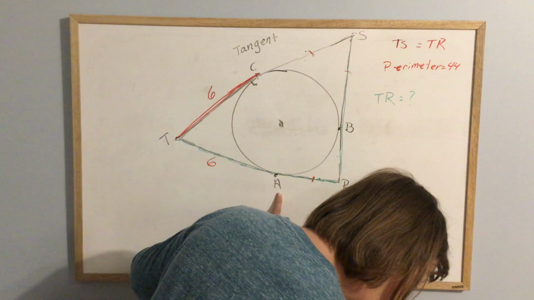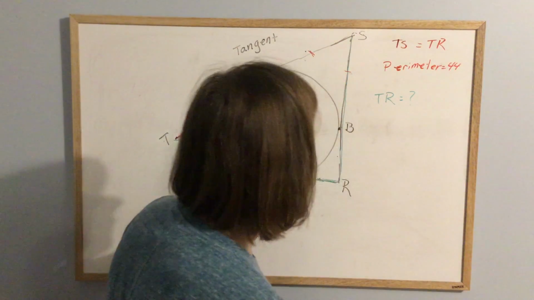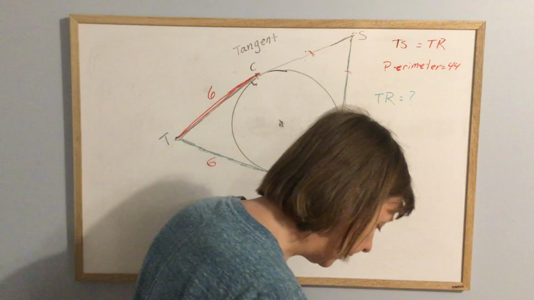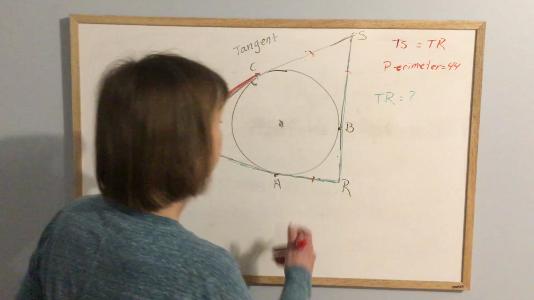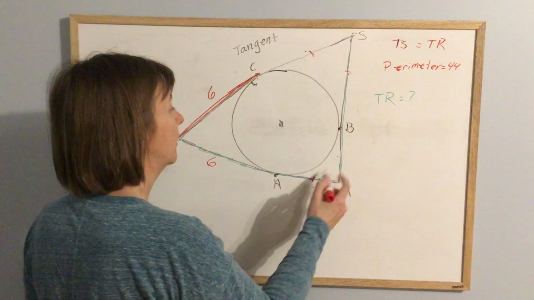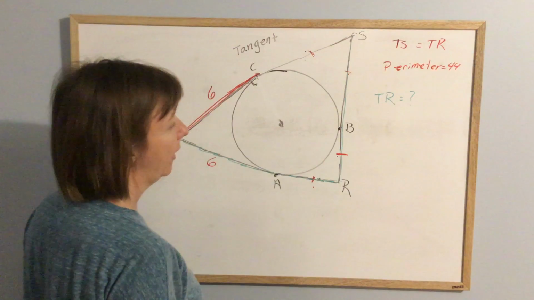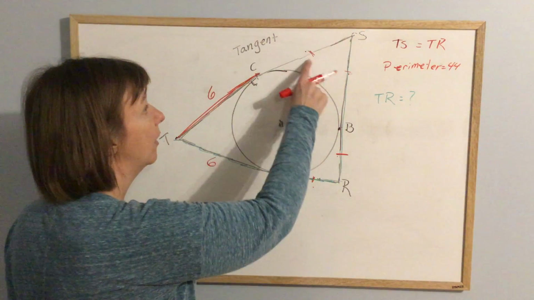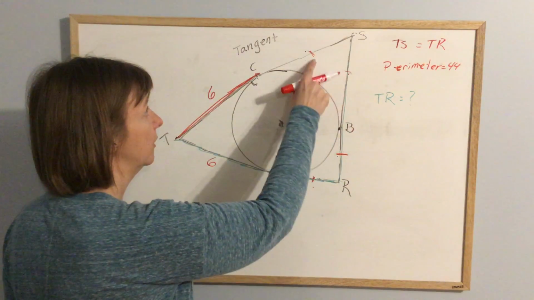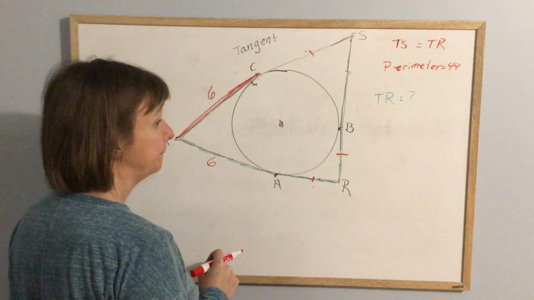Okay. SC equals SB. Yes. And, okay, so these two lines are the same and these two lines are the same, which means this one also has to be equal. All of these have to be the same. This one, this one, this one, and this one have to be the same.